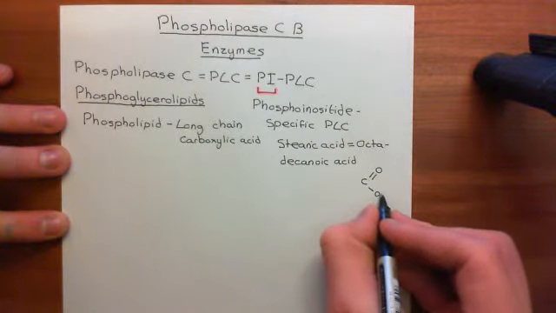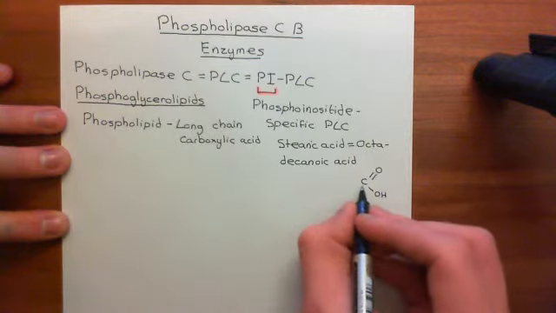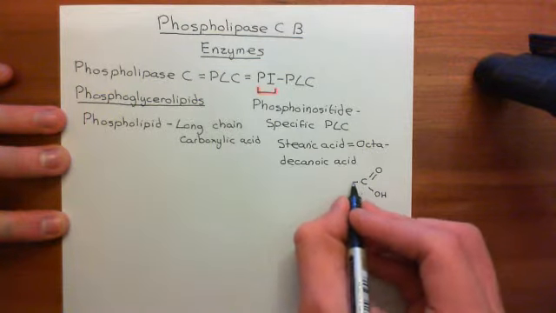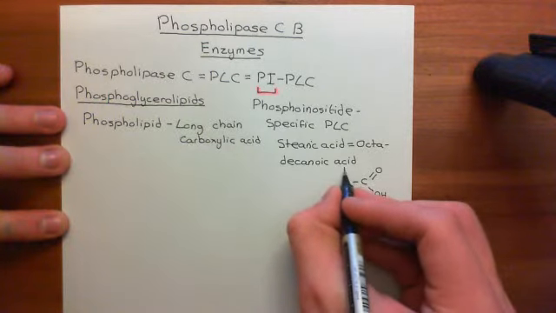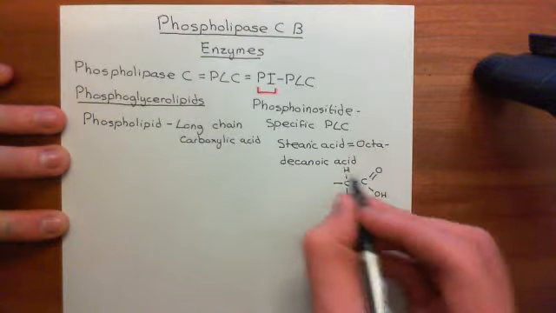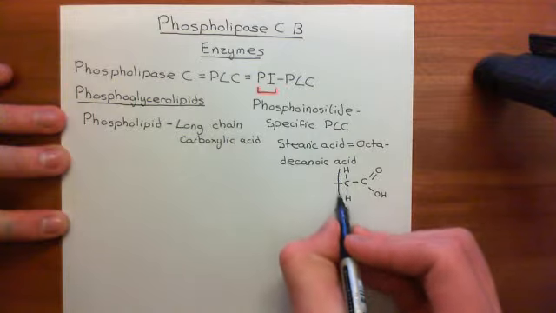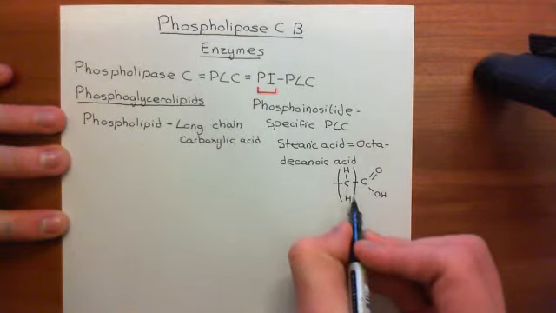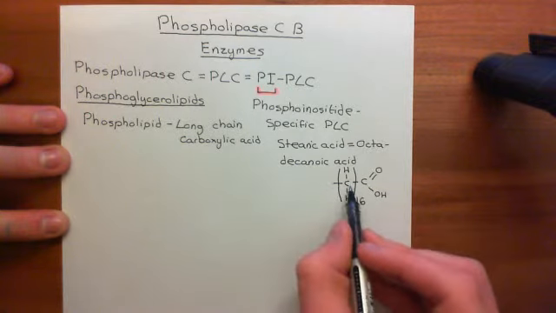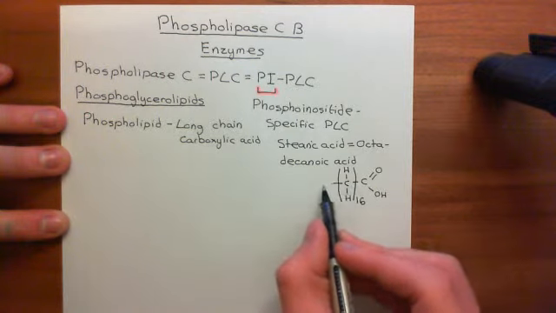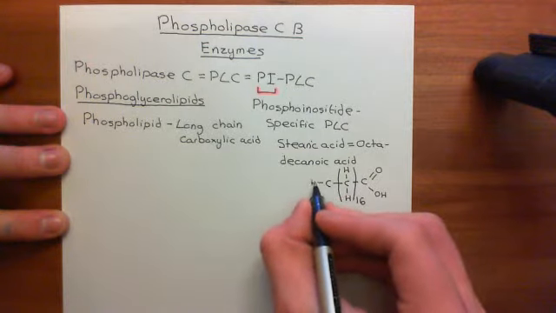Let me draw the carboxylic acid group here. Now we want another 17 carbons to add on to this carboxylic acid group. We're going to have 16 of these carbons in the form of methylene groups. I'll draw one methylene group, and I don't want to have to draw it another 15 times, so I'm going to bracket this single methylene group and subscript this 16, which basically means repeat this methylene group 16 times, and then at the end of that, put a methyl group on.